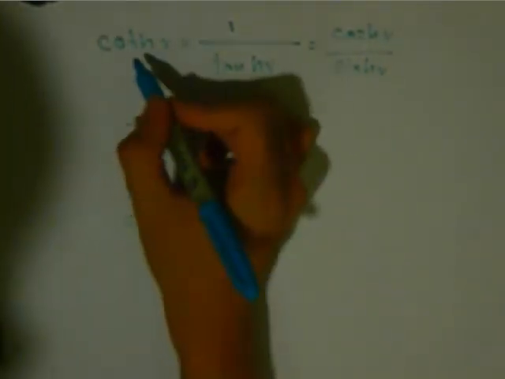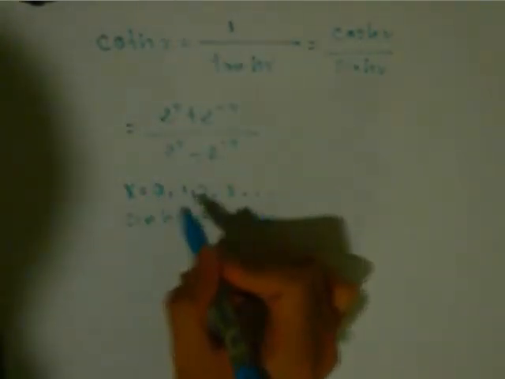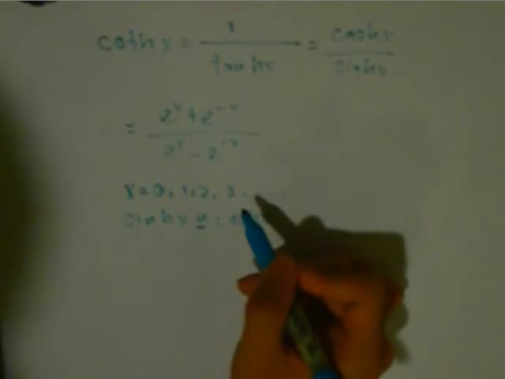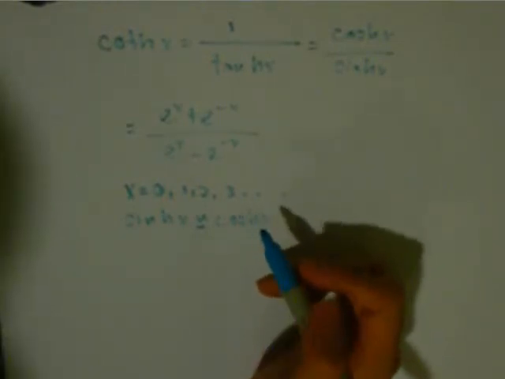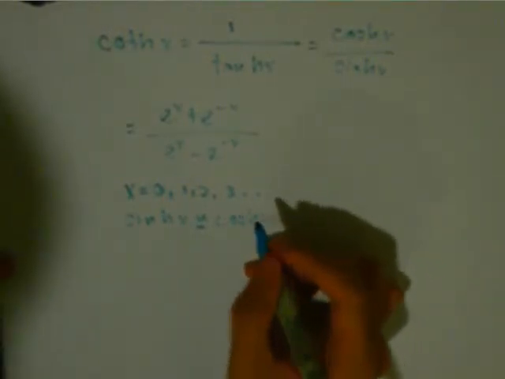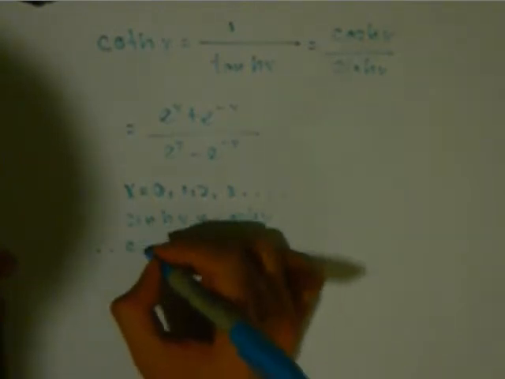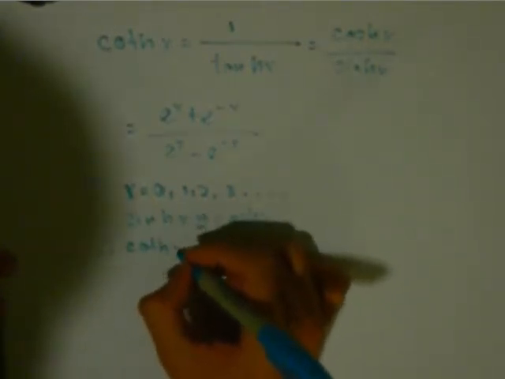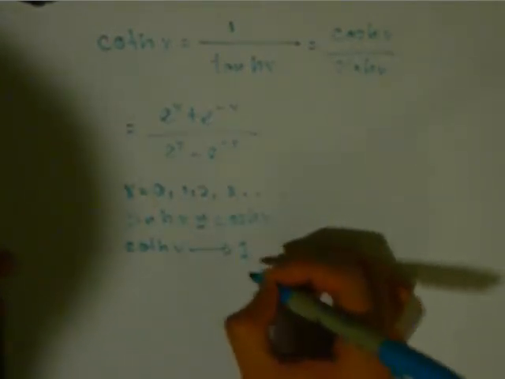But in cotangent hyperbolic x, the answer we get is actually a decreasing value. This brings me to my next point, which is that cotangent hyperbolic x approaches 1. And like tangent hyperbolic x, this is our horizontal asymptote.